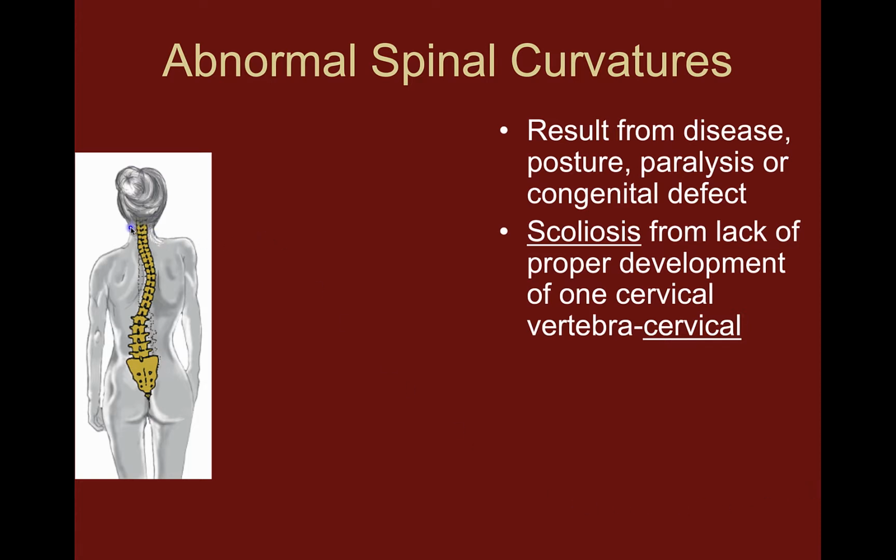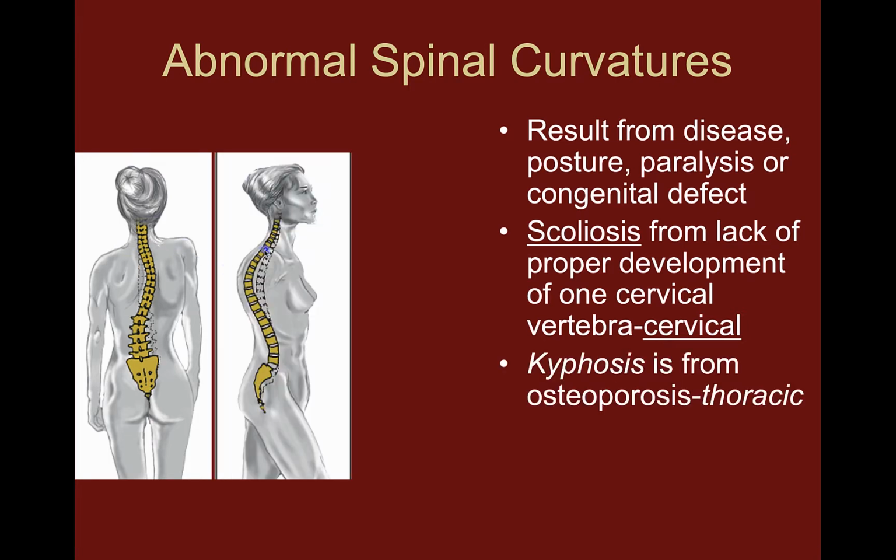And so as one of those vertebrae is sort of misaligned, it can throw our curvatures off laterally. And so you can see in this image, one of the shoulders is elevated and one is depressed. So there might need, depending on how severe that is, maybe a back brace or maybe just some physical therapy.